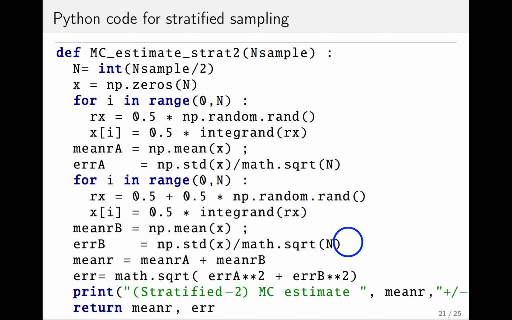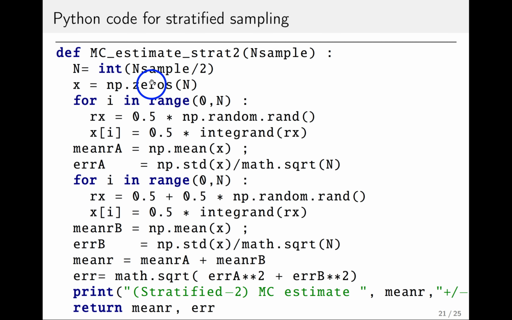Okay, so this is what the code looks like. This is a function that takes the number of samples. Because we're doing 2 Monte Carlo simulations, I divide n sample by 2. This means the actual number of integrand evaluations is the same as if we did the integral in 1. What you don't want is the error to reduce just because you've used more samples when you break the integral down.